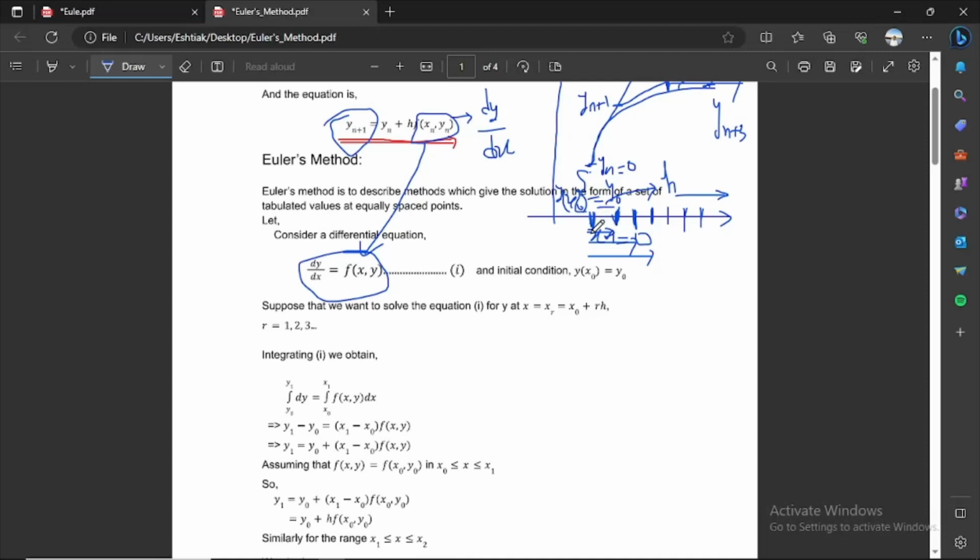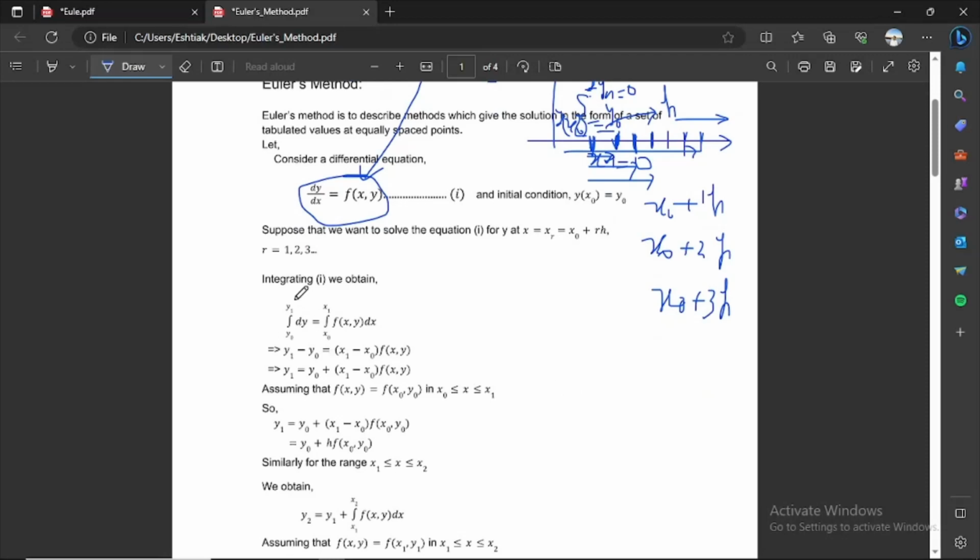Our next x value will be x0 plus 2h, our further value will be x0 plus 3h, and it will continue until we get to the end value of x.